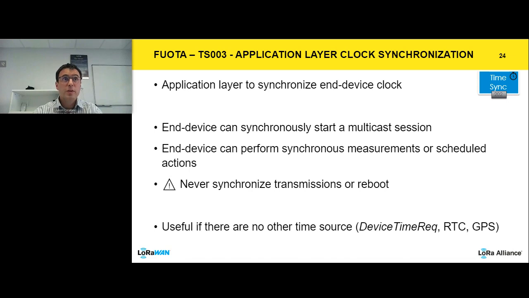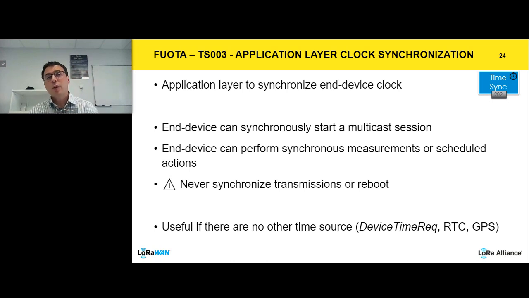The purpose of the application layer clock synchronization is to synchronize the end device clock. Each end device will need a clock synchronization to start the multicast session at the right time, having each end device synchronously start the multicast session. But it could also be used for other means.